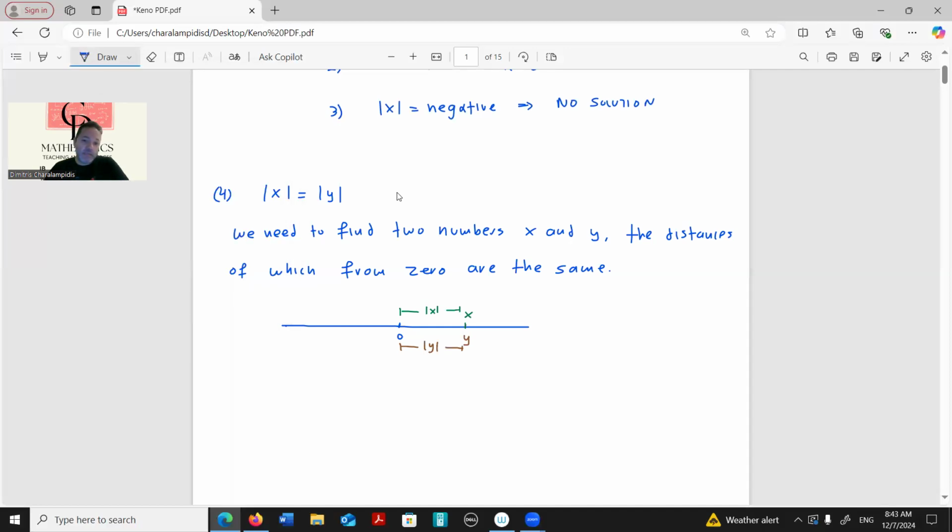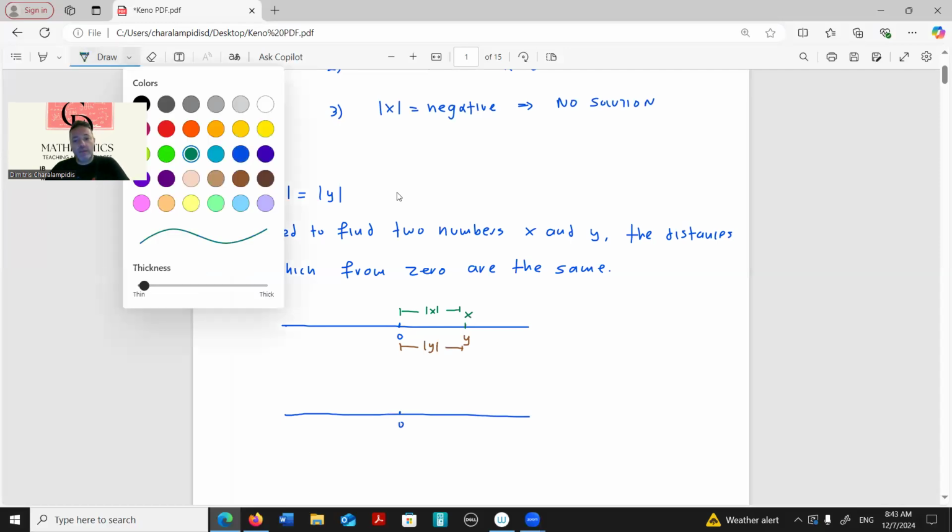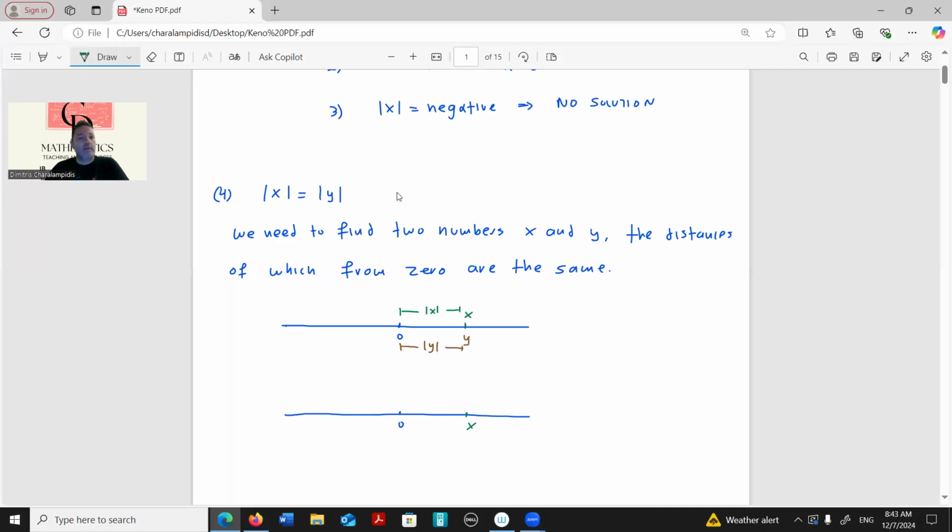Is this the only case, however? Let's see. We could have had as well x here and y on the exact opposite side. Think of numbers 3 and -3, 5 and -5, 10 and -10. All these pairs of numbers are equidistant, meaning they have the same distance from 0. The distance between 3 and 0 is 3 units. The distance between -3 and 0 is 3 units. The distance between 5 and 0 is 5 units. The distance as well between -5 and 0 is also 5 units, and so on.